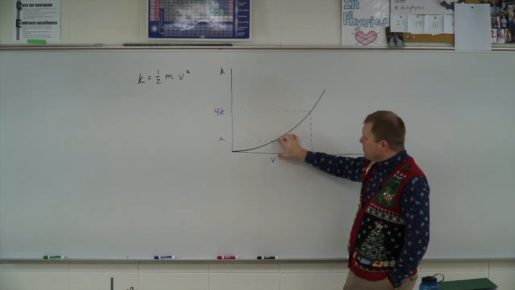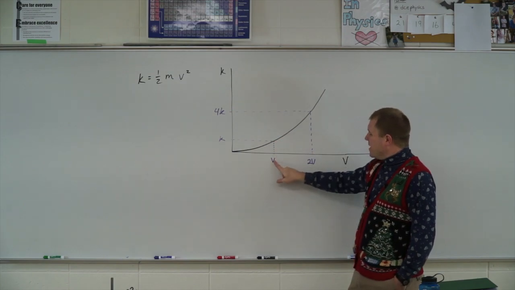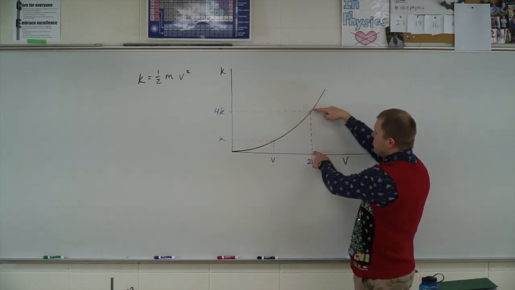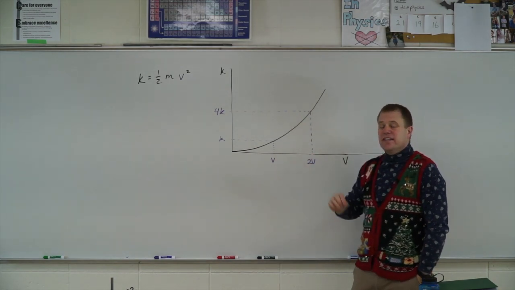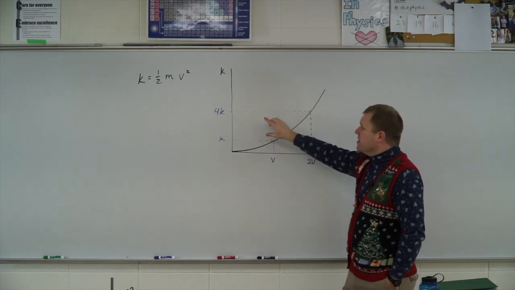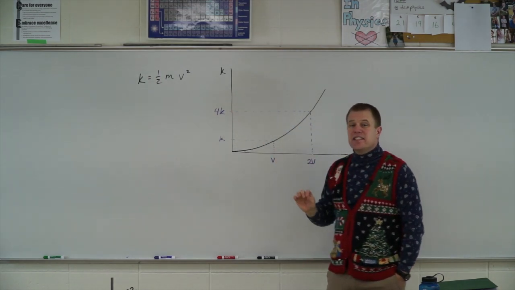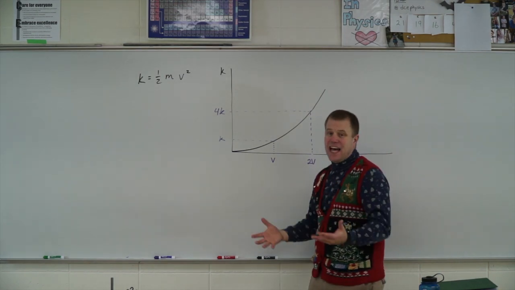For that first section, it only goes up a little bit of kinetic energy. For that second equal rise in speed, it goes up significantly more. And so this leads us to the understanding that it takes a lot of energy to build that speed up more and more. This is why taking a rocket to outer space takes a lot of energy.